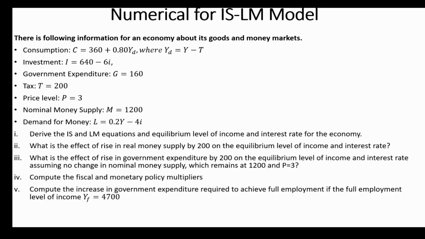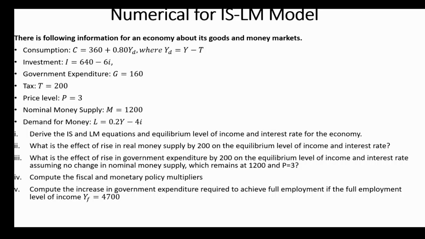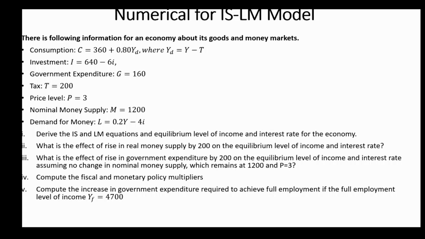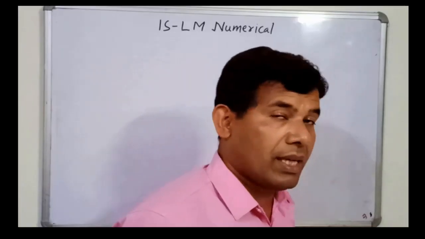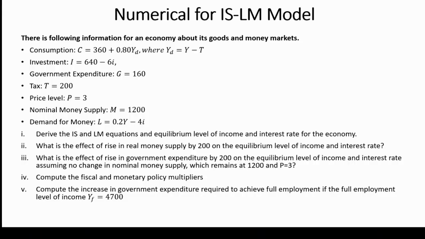Then there is the investment function, which is given as 640 - 6i. There is government expenditure, G = 160. The price level in the economy is given by P = 3.